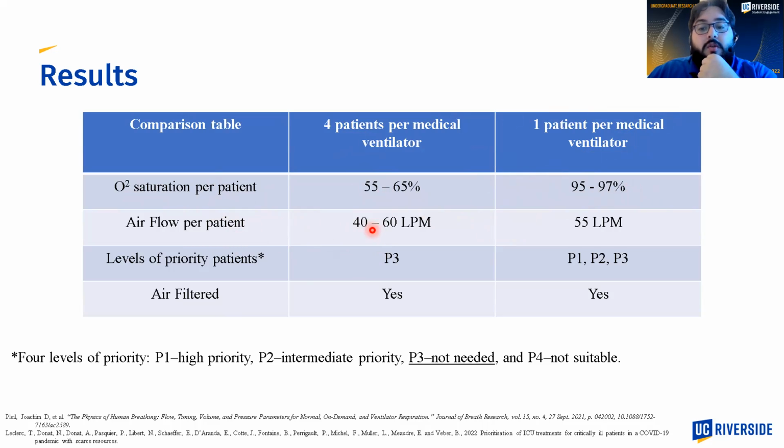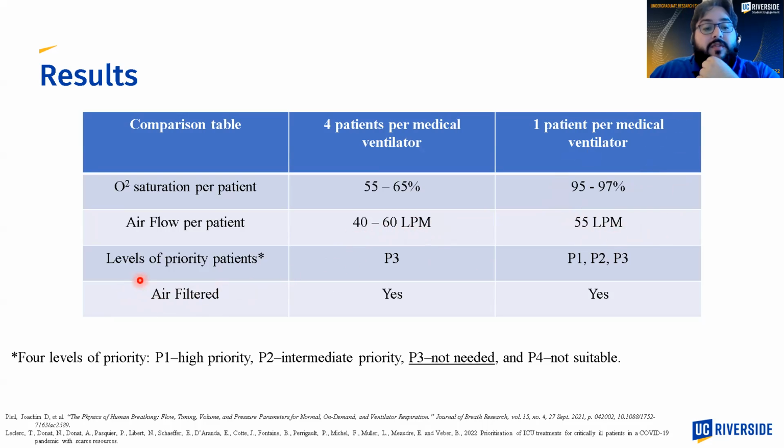As you can see, the flow isn't a big issue when it comes to having 4 patients instead of 1, because the flow will always bounce between 40 and 60 as all patients breathe at a different rate. And the patient can be regulated at 55 liters per minute, LPM being liters per minute.